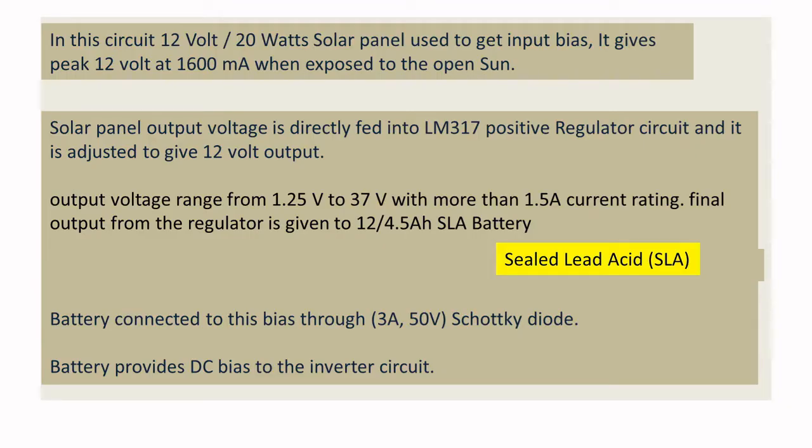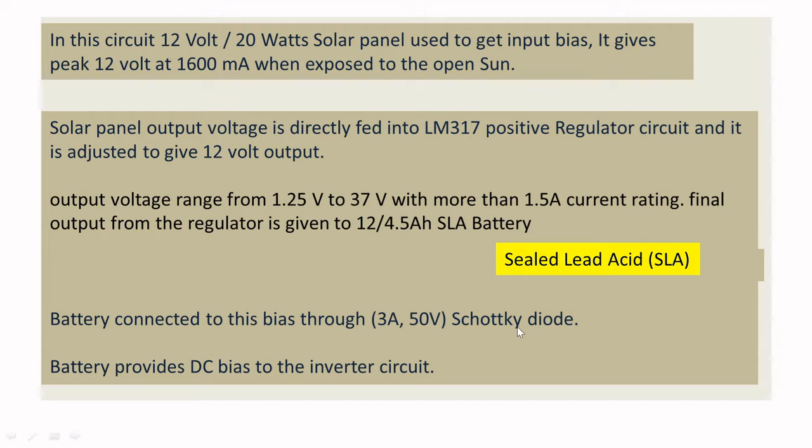As I said earlier, you can see it given in the slides also. The solar panel output voltage is directly fed to the regulator. The regulator output is connected via a Schottky diode, and the output is saved in the SLA battery, a sealed lead acid battery. The ratings are also given here.